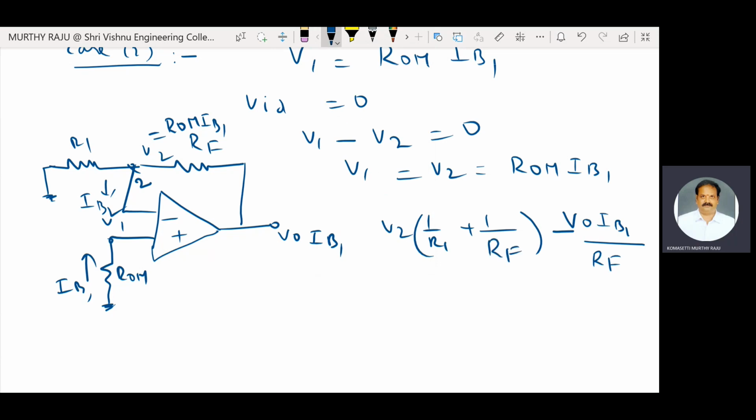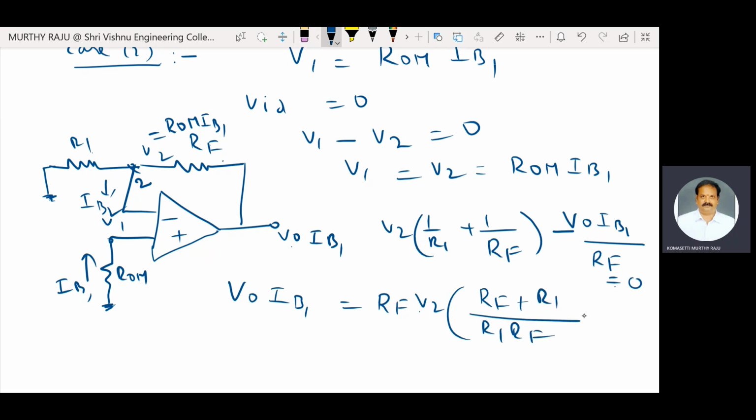One by RF. For this node, RF and R1 are connected. That is the reason we consider admittances: V2 into 1 by R1 plus 1 by RF, minus V0 IB1 by RF is equal to 0. Minus 0 by R1 is neglected. Therefore, V0 IB1 is equal to V2 into RF plus R1 by R1 RF.